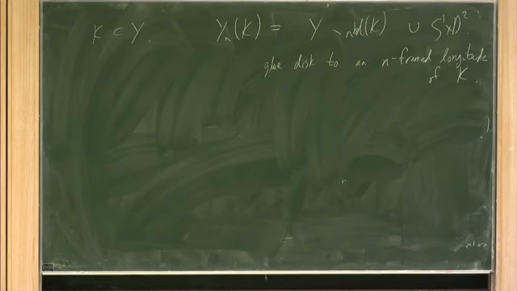By n-framed, this makes sense as soon as I have a null-homologous knot. Then there is a Seifert surface, and when I have a Seifert surface, I have a canonical framing.